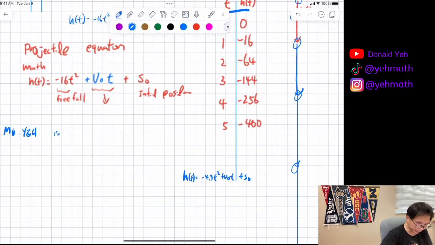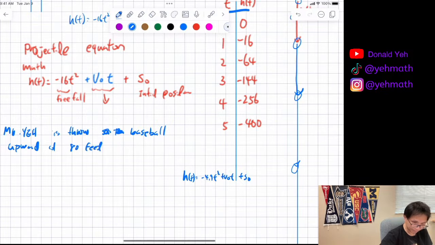So Mr. Ye is throwing something, like a potato or baseball, so baseball, right? Upwards at 80 feet per second, on top of a building, and you're going to have to construct this equation with 224 feet height.